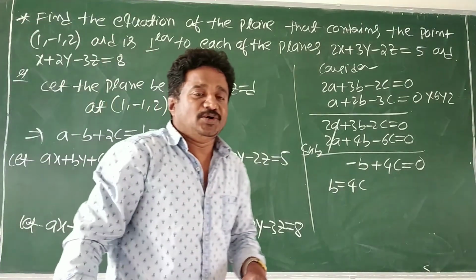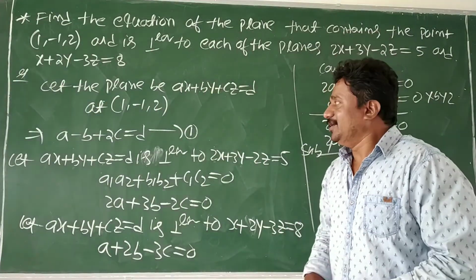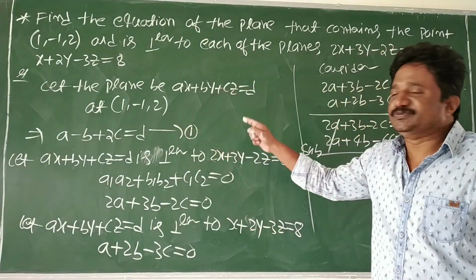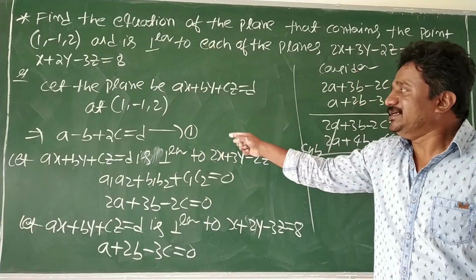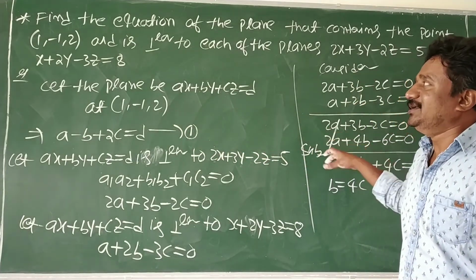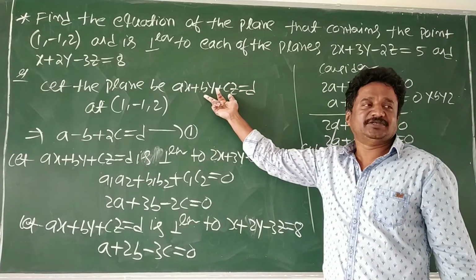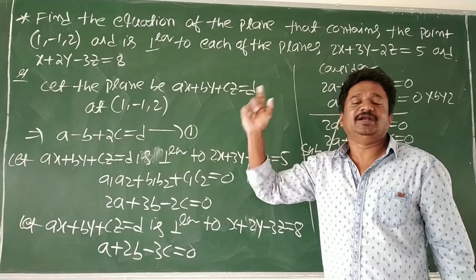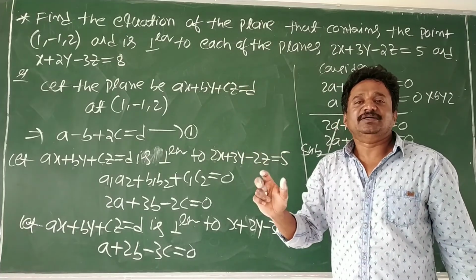What I am going to do in this problem is find a in terms of c, b in terms of c, and d also in terms of c. After getting all those, I substitute in the original equation to get the required answer. That is the plan.